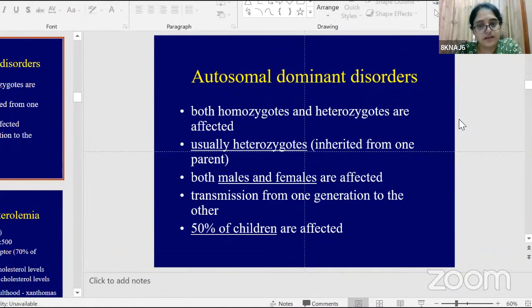Both the males and the females, that is, both progeny, are affected. It is transmitted from one generation to the other, and 50% of the children are affected, provided that the partner is not affected, because there is a 50% chance for that particular gene to come into the progeny after crossing over.